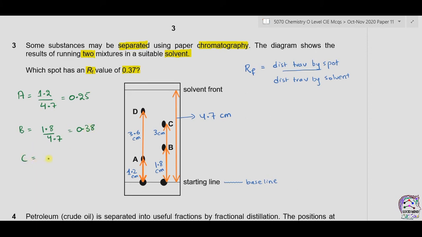For C, we have 3 centimeter divided by 4.7 centimeter, so it is 0.64. Similarly, for D, we have 3.6 centimeter divided by 4.7, which is equal to 0.76. Now the closest value is 0.38, so the answer is B.